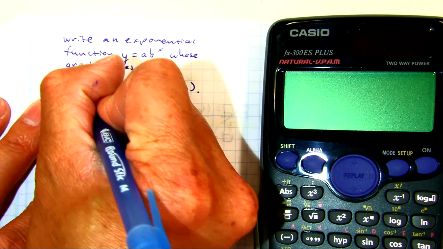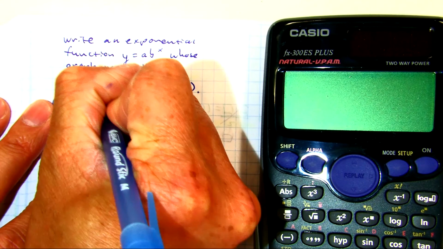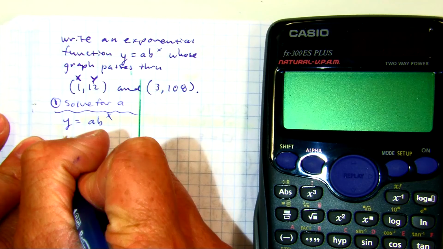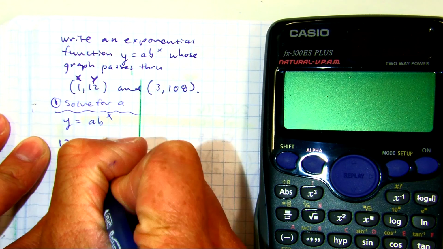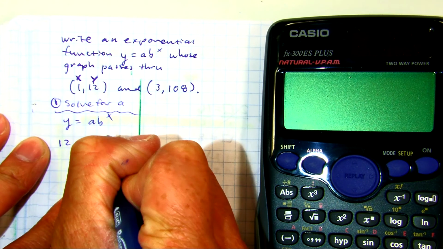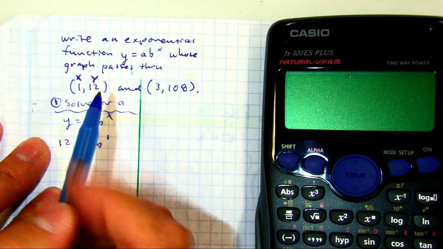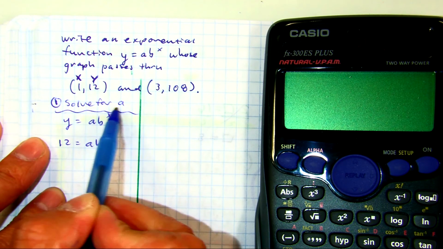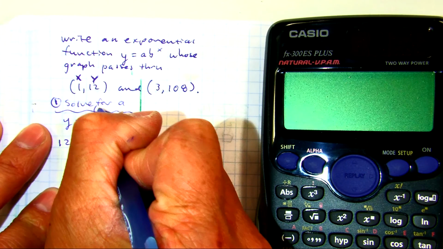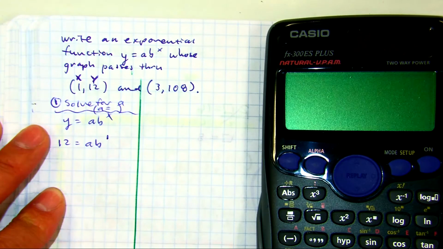So I'm going to plug in an x and a y. So I get 12 equals ab to the first power. And solving for a basically means get a by itself. Get a equals. That's what I'm trying to do here.